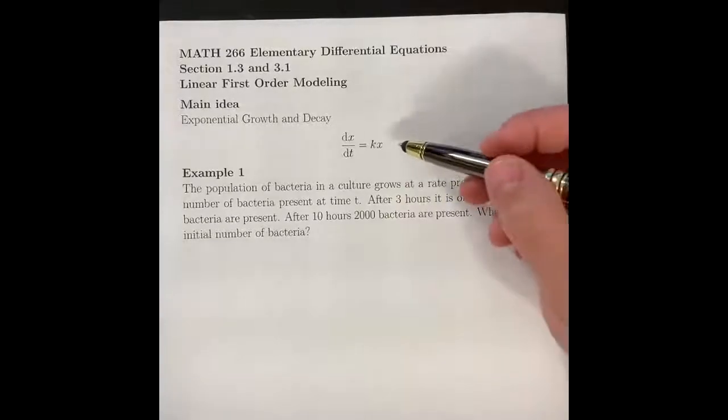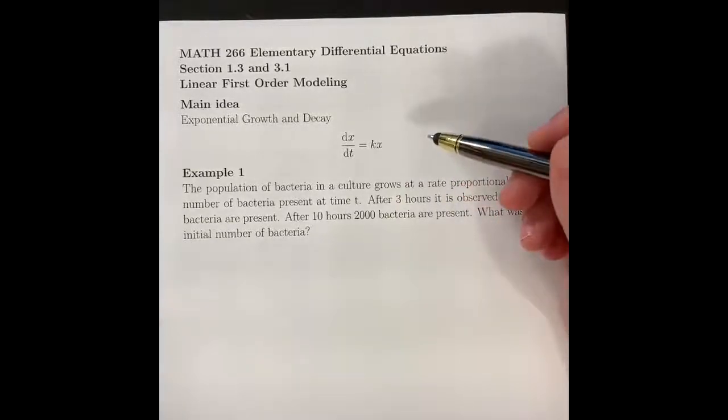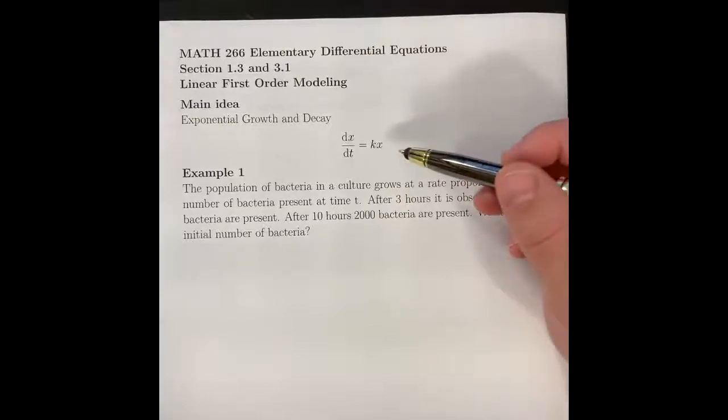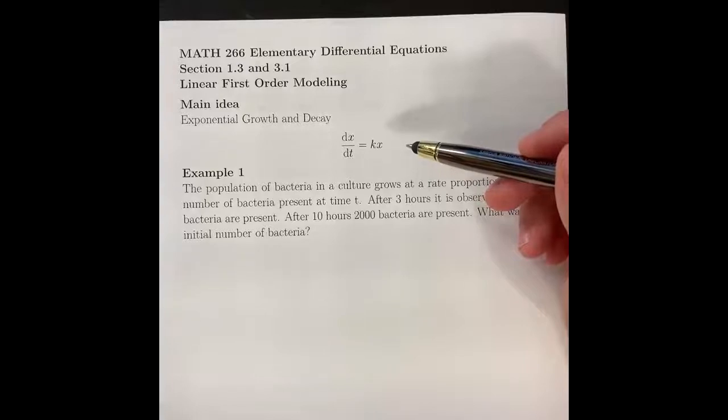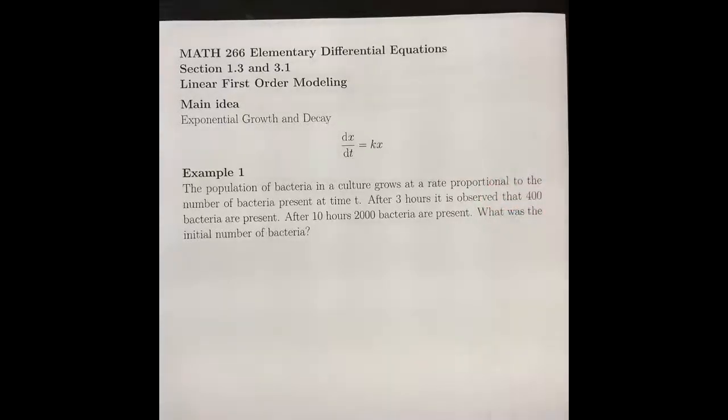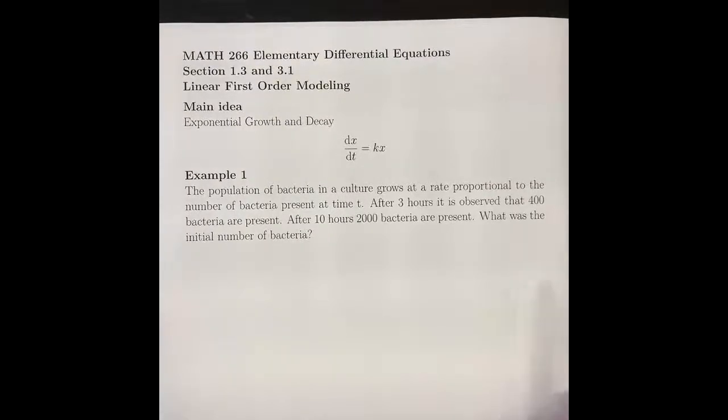And we've looked at how to solve this. This is a linear equation, so we could use an integrating factor to solve this as well. Okay, but we're going to start to apply it to different, more real-world scenarios and see how that plays out. So let's just kind of hop in because each situation is a little different.